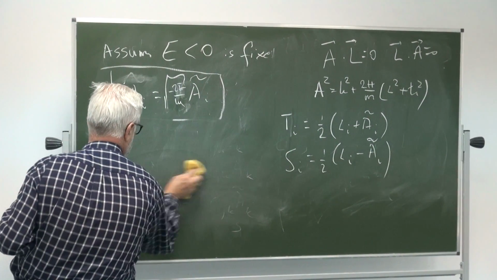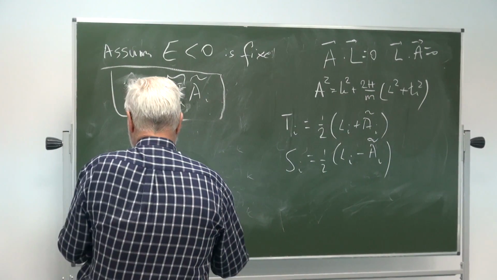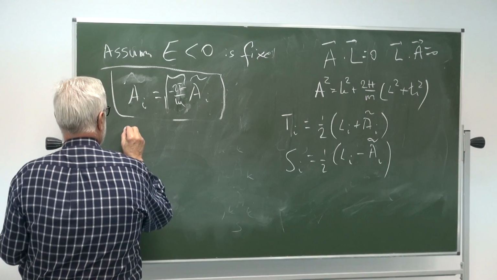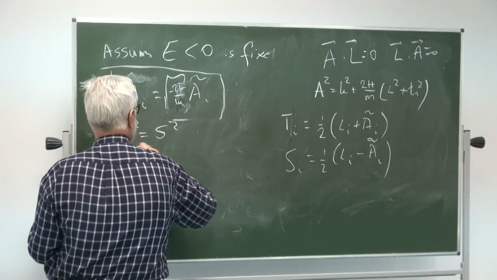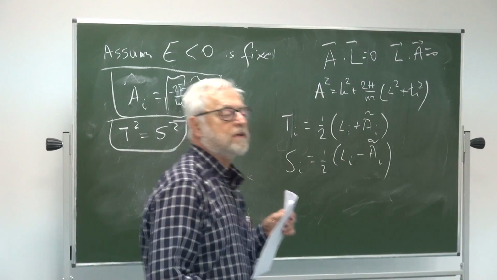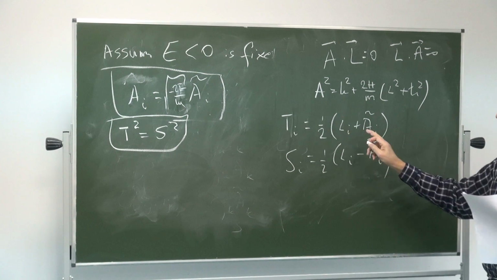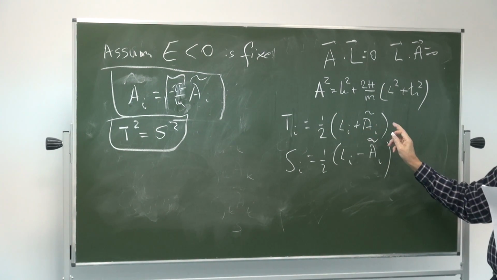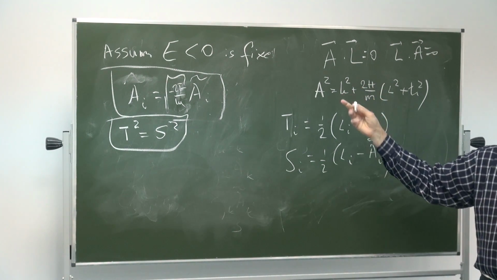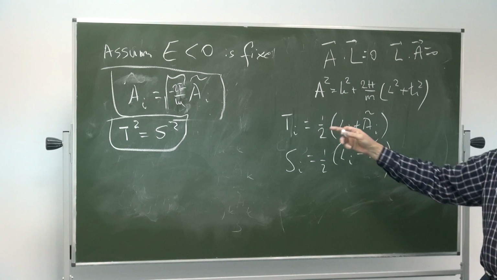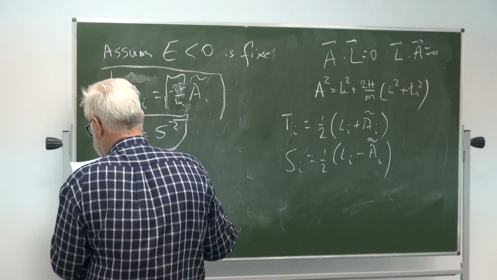And the result, I will copy this without derivation. First, T squared is equal to S squared. These are not completely independent vectors. It's very easy to check. If I square it, then I have this square plus the scalar product, yes? And the scalar product is 0. So regardless whether it's plus or minus, I'll get the same quantity. So this is obvious.